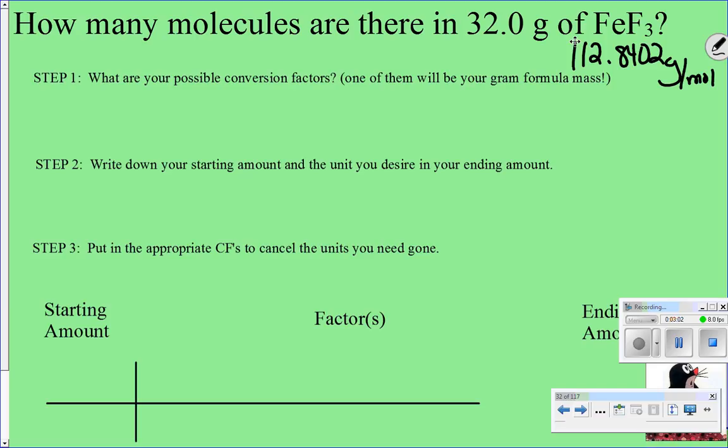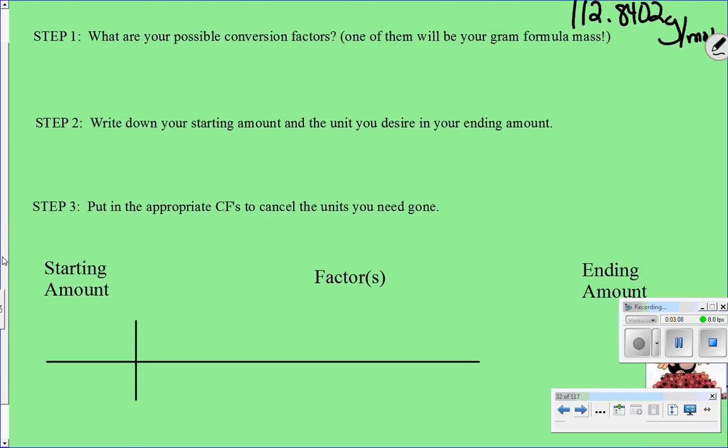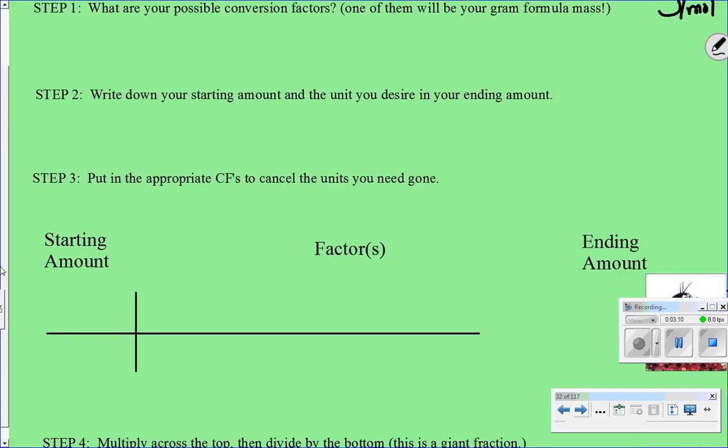So rather than worry about writing out all my conversion factors, I'm just going to jump right into this. My starting amount is my 32.0 grams. Just keep in mind that what I want to end up with over here is molecules. So that's my ending unit.